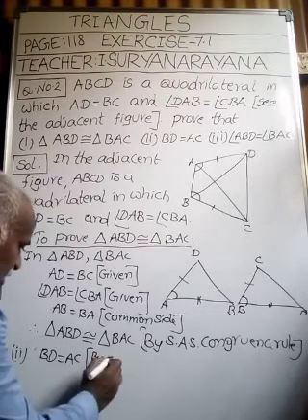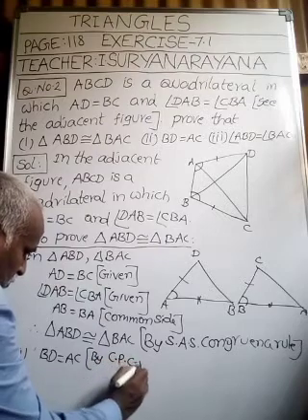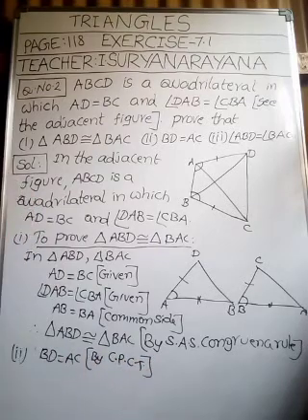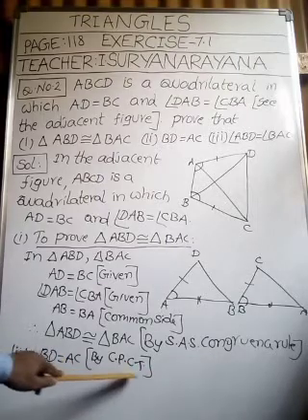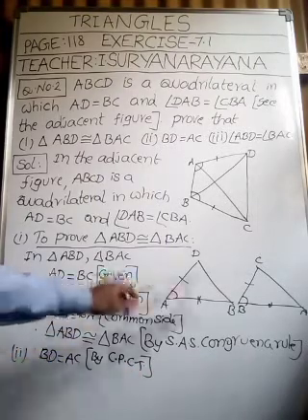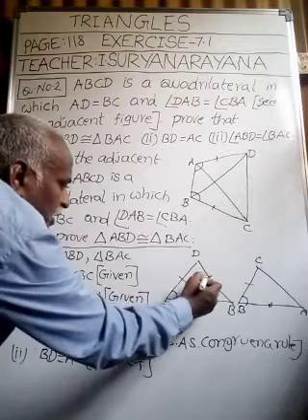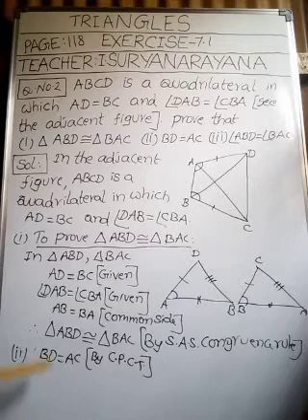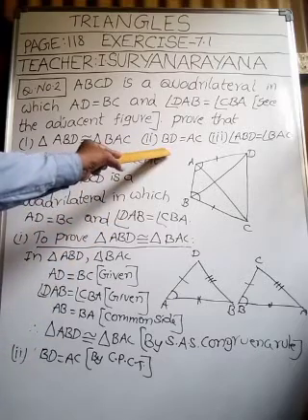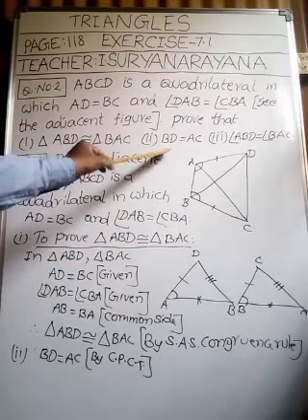By CPCT. By CPCT means by corresponding parts of the congruent triangles. By this condition, these two sides are also equal. BD equal to AC or CA. So this part is also over. Finished. Understood this step, my children?